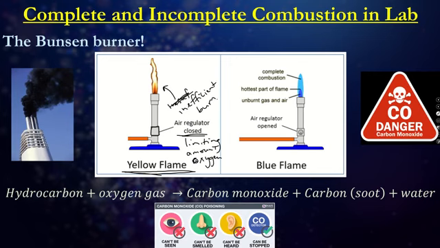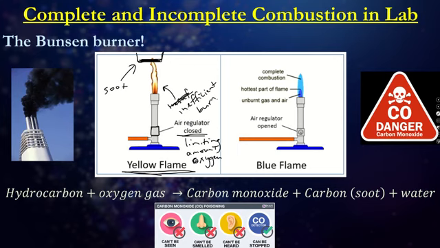And if you've ever used glassware, let's say we put a beaker on top of the yellow flame, if you expose it long enough, it actually forms a little black print on it, and that's the carbon soot we're talking about. So that incomplete flame, that limiting amount of oxygen, is actually creating a carbon soot layer onto the beaker, and that's not what we want.